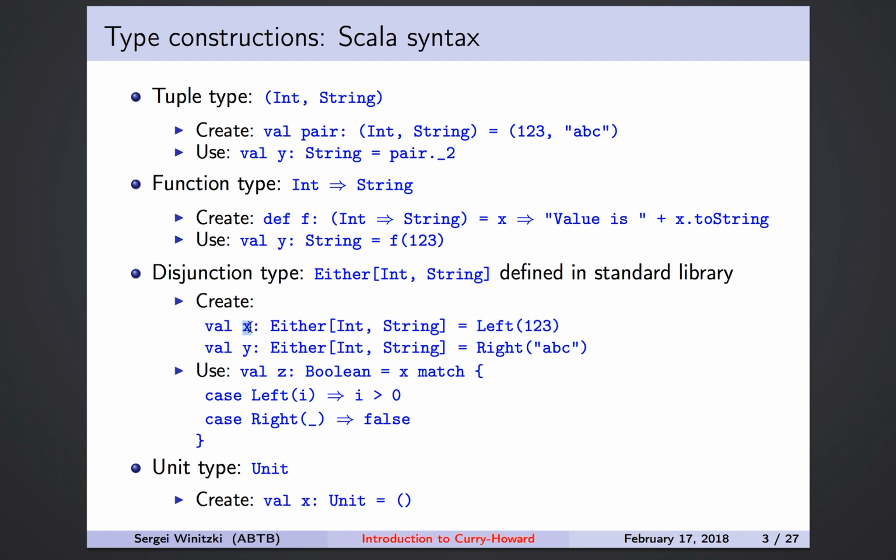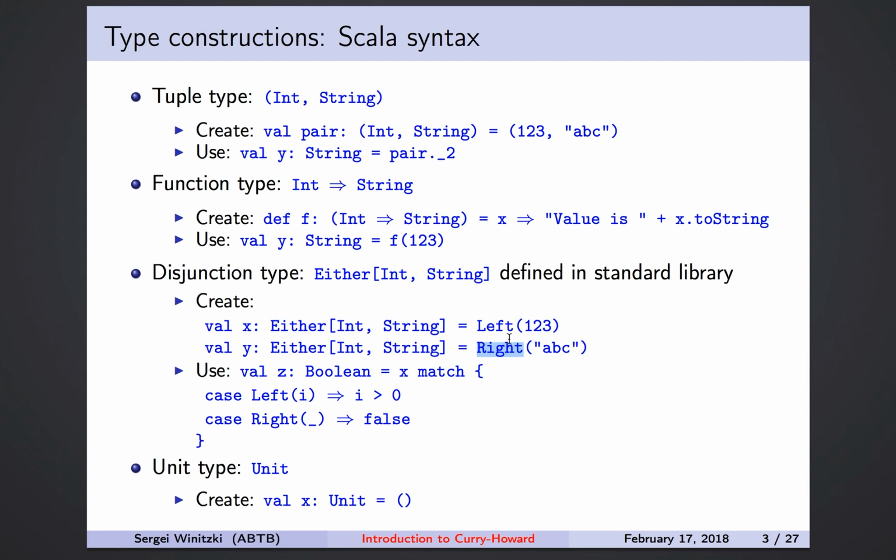So x is a value of this type, and it contains an integer inside, labeled by this name Left. And y is also a value of this type, and it is containing a string inside, and it's labeled by the label Right.